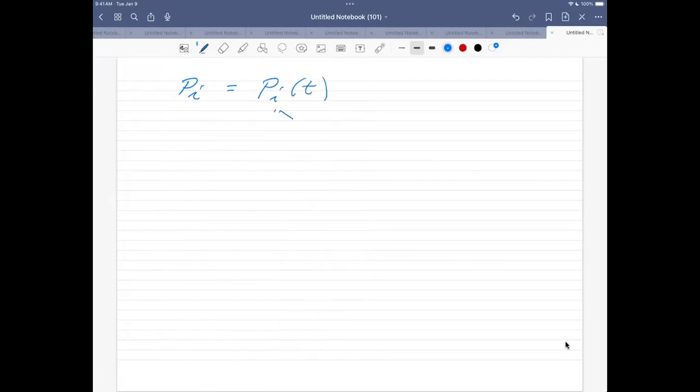So i here is a specific state the system can be in. This could be a specific position or a specific state which does not need to correspond to an actual position in space. So this is a specific state which you can reach, and that has a given probability.